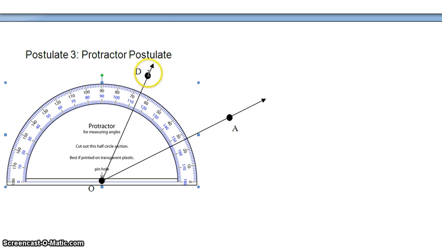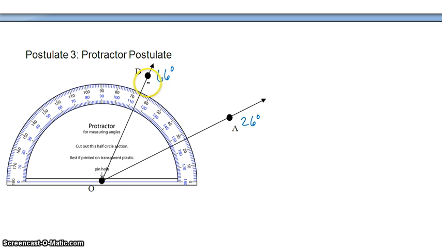And then find out what angle each one of these rays is at. If we look at ray OD, it is at 66 degrees, and ray OA is at 26 degrees.